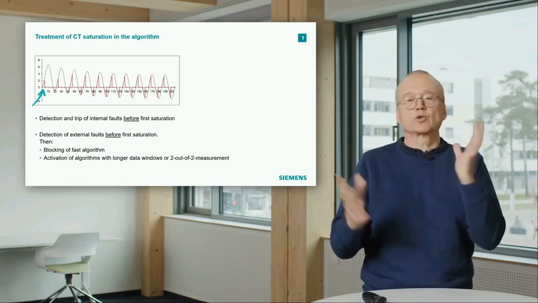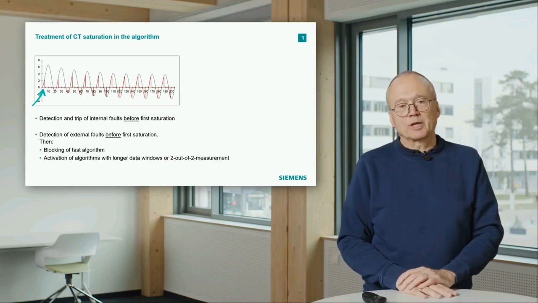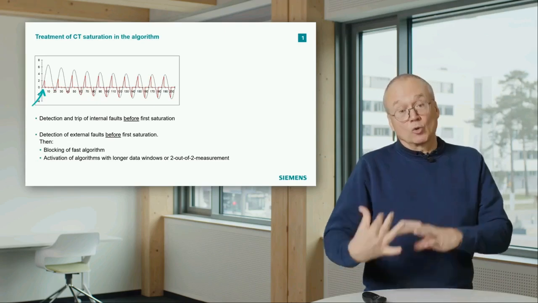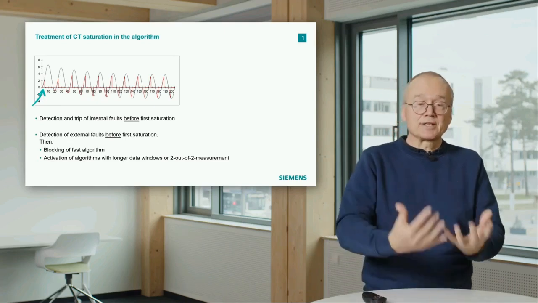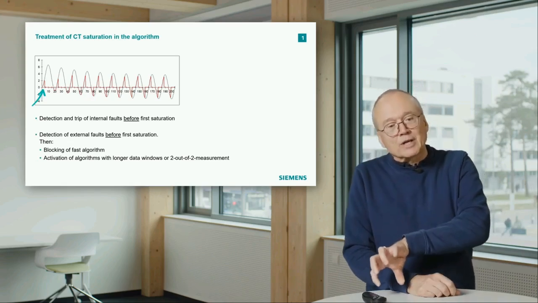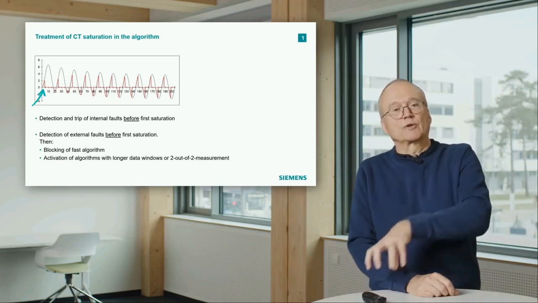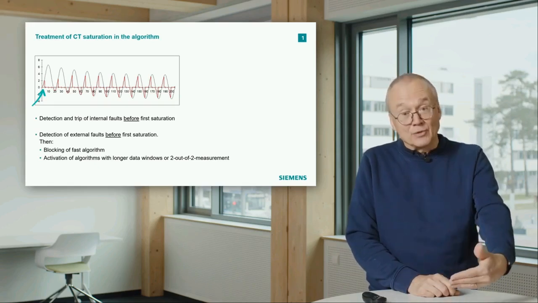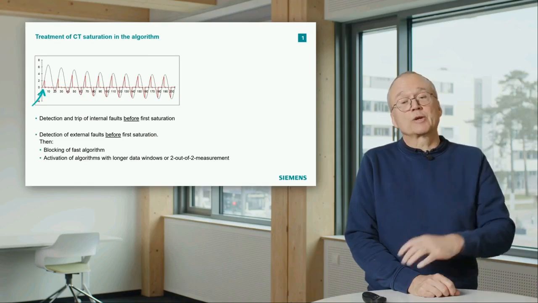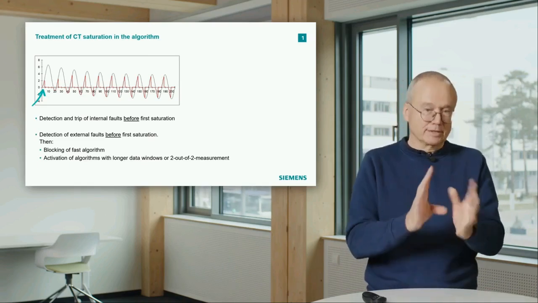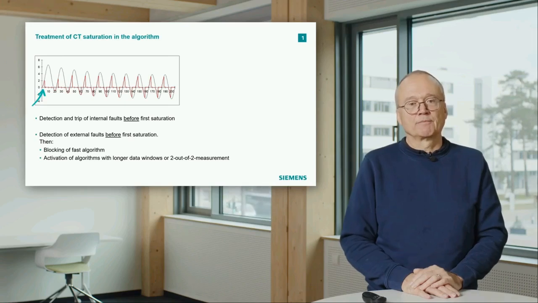You can do some 2 out of 2 measurement or whatever, which avoid wrong tripping on one side, but on the other side, if the fault really evolves from an external fault into an internal fault, they allow in this case a tripping of this internal fault. Maybe a little bit delayed, but it should still be tripped.